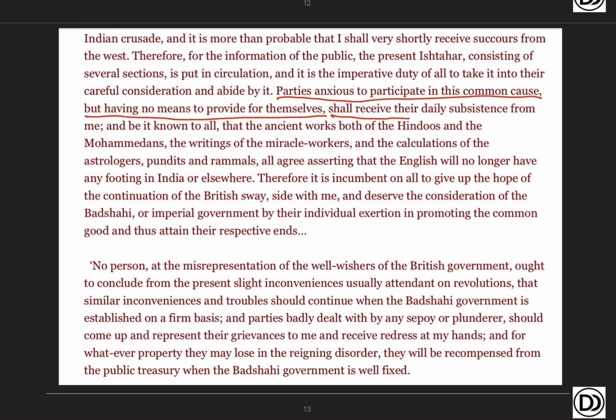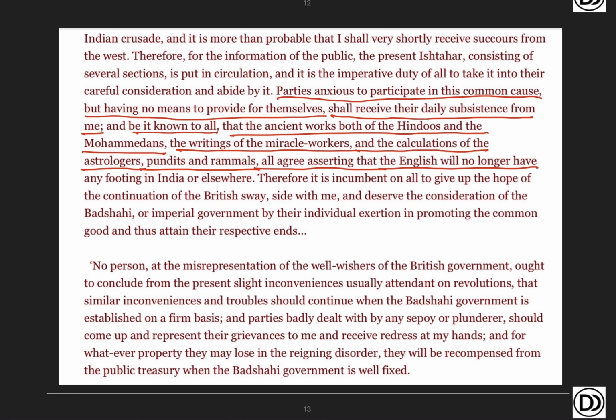He ensures them that they will receive daily subsistence from him, daily needs, and be it known to all that the ancient works of both Hindus and the Mohammedans, the writing of miracle workers, the calculations of astrologers, pundits, and rammals, all agree asserting that the English will no longer have any footing in India or elsewhere, which means he is still trying to convince people on the basis of religious texts.